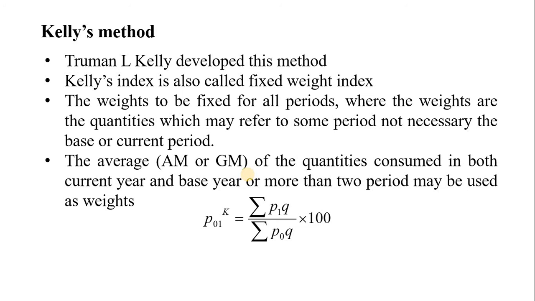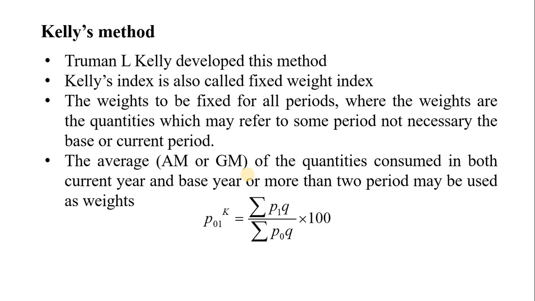By considering this as weight, we can have two different weighted index numbers: the weighted aggregate price index number and the weighted aggregate price relative index number. In the weighted aggregate price index number, the equation is sigma P1 into W divided by sigma P0 into W. Regarding this W, there is a debate among different statisticians, who considered different quantities as the weight.